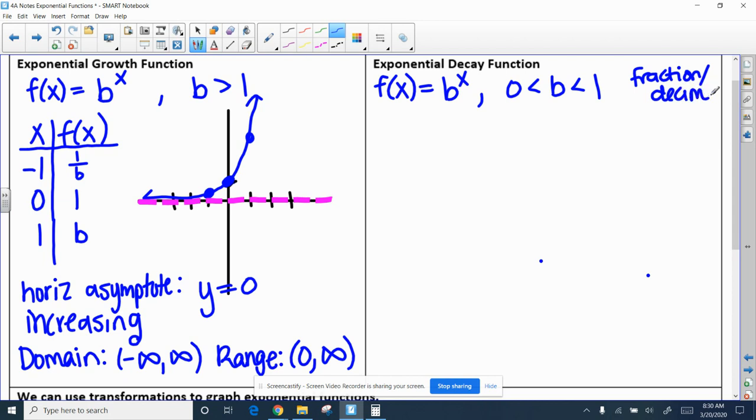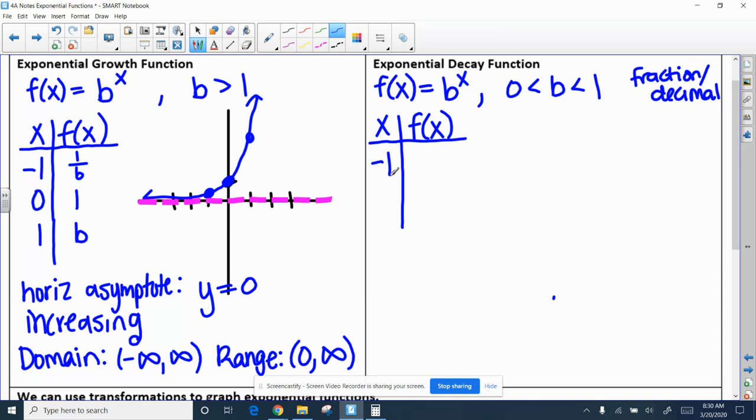Like we saw when we graphed f of x equals 1/2 to the x power. That's the most common way we can see it. So let's go ahead and write down that information as well. So this function is actually going to include the same points.